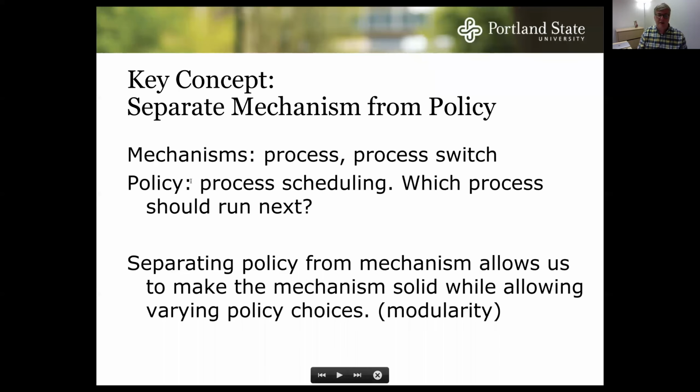And then the policy is process scheduling. Which process should run next? Separating the policy from the mechanism this way allows us to make the mechanism very solid, while changing the policies as we go along through the years, as we learn more and get better algorithms for scheduling.